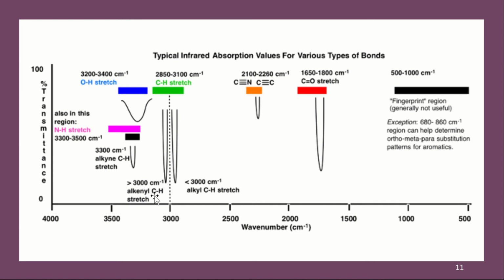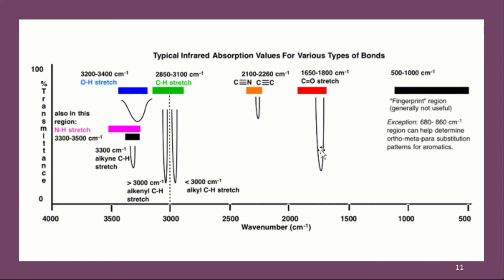All right, so just a reminder of some of our stretches and the types of peaks we will see. So our OH stretch we will see here, right? And so what we're saying is that the starting material will have our carbonyl stretch, which is in the 1700 region.